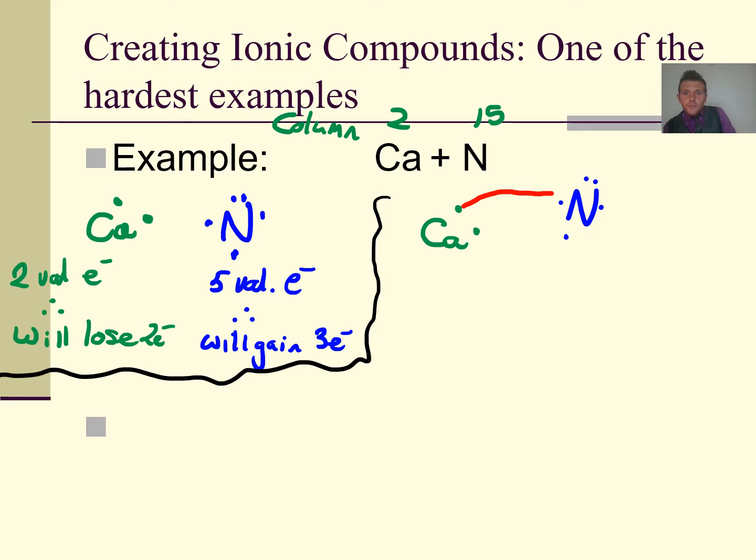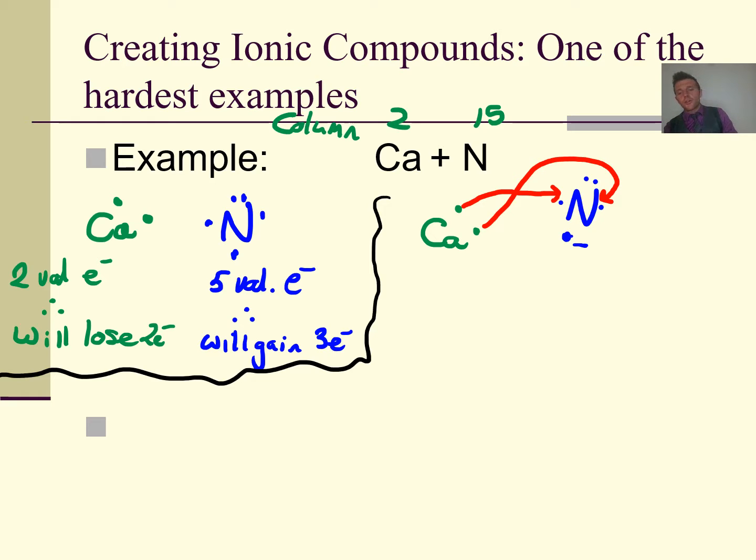So I'm going to start to move them over. So this one will go there. And this electron I'm going to put on the other side over here, which means calcium gave away its 2 electrons. So calcium is okay. But nitrogen still is missing 1 electron on the bottom side here. It still has this opening for an electron.